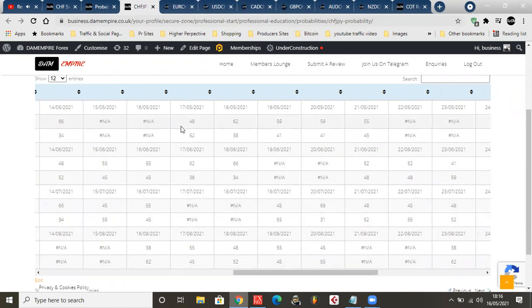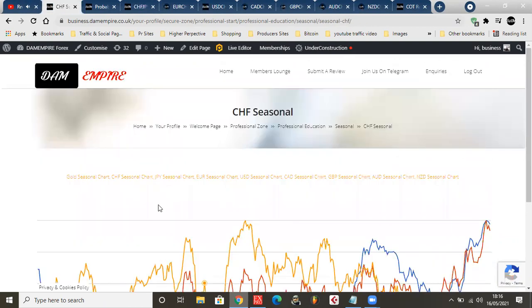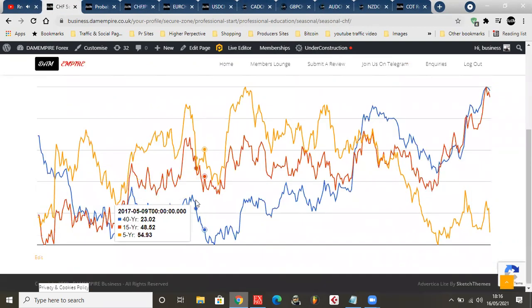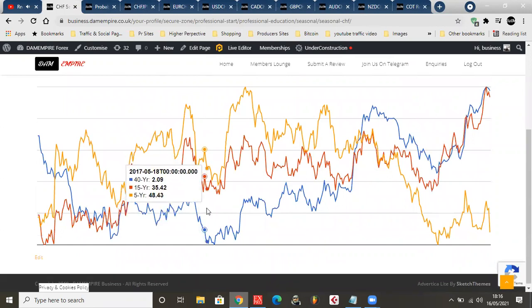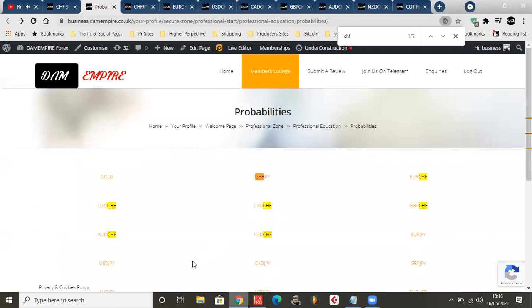So on the 17th, we have that 52% sell, but we have a buy immediately on the 18th that kicked in. So if we look at this, on the 18th, right here, based on the 5 years, we can see that tiny pullback in play. Then it continues short, but I don't want to risk it. So it's literally giving me just a very, very small amount of time to trade.